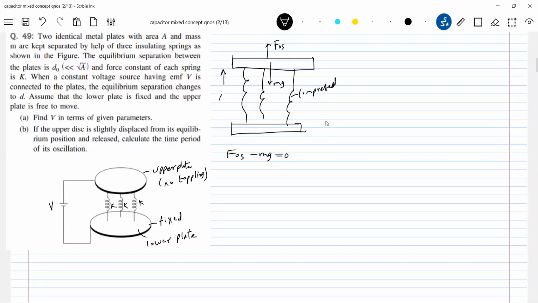And what is the separation? Let it be D naught. When I apply EMF, what will happen to this system? The separation will become less, as already it is having some compression. No, let me take it like this. I'm just making the problem a little bit simpler.